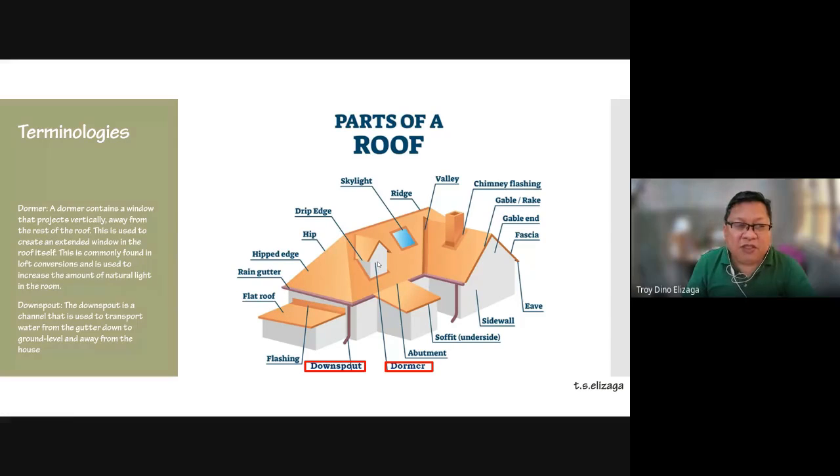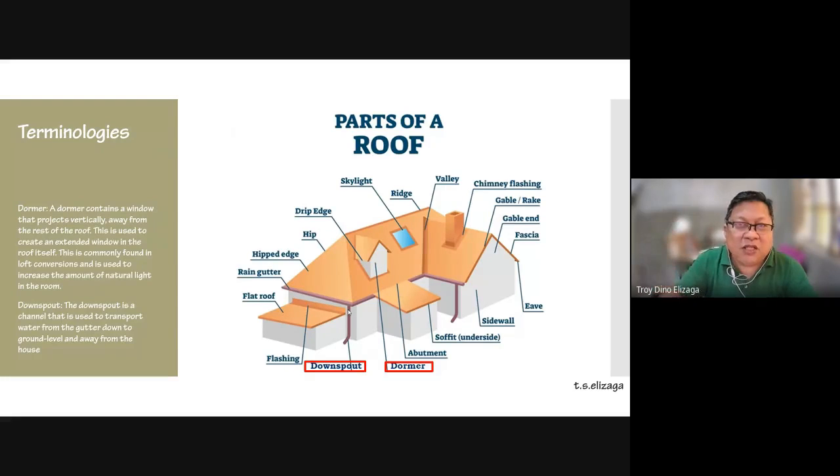The downspout is a channel that is used to transport water from the gutter down to the ground level and away from the house. You have a gutter, but there has to be a hole in the gutter. It collects the rain, and it has to channel the water towards that hole, but it cannot just fall freely.